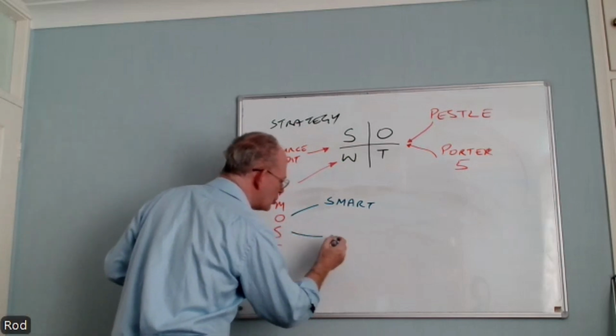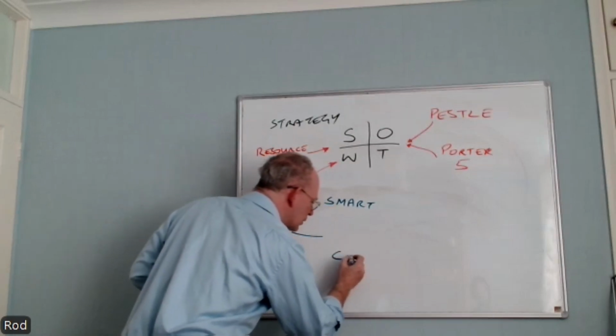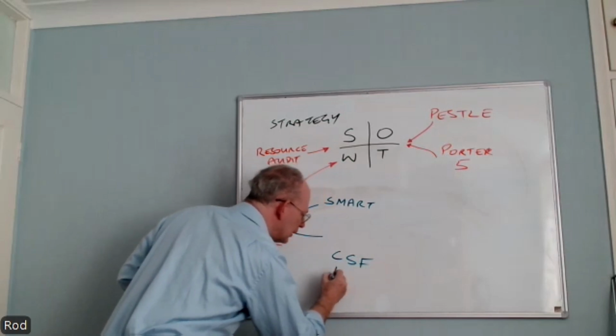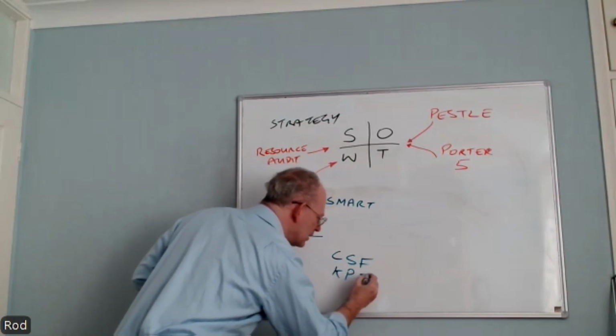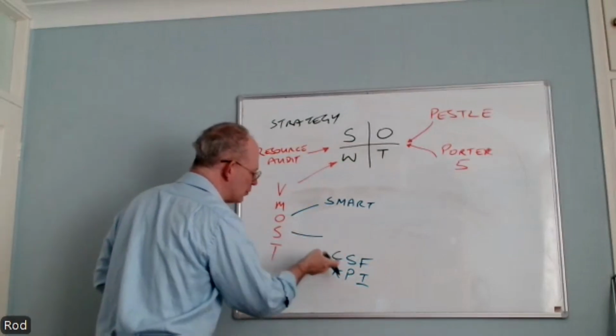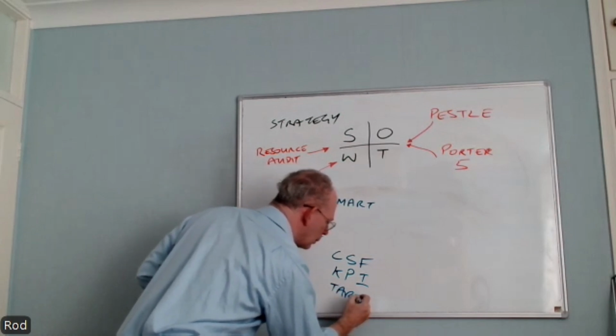For your strategy, you can think about several things. We can be thinking about the critical success factors or the key performance indicators. These effectively come from our objectives but feed into strategy, and even our targets.